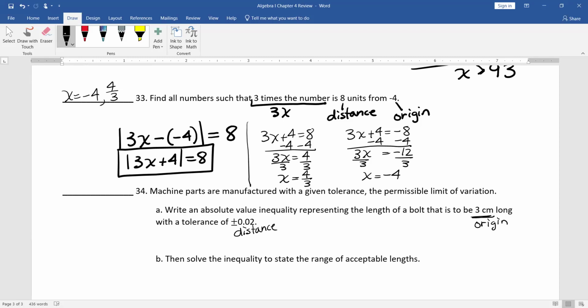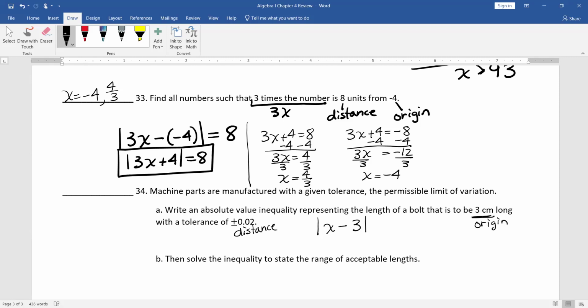So when we write this as an inequality, this means that the absolute value of x minus the midpoint, in this case 3 centimeters. Now in this case, does it need to be 0.02 larger or more? Right, it can't be any more than 0.02 larger or smaller.